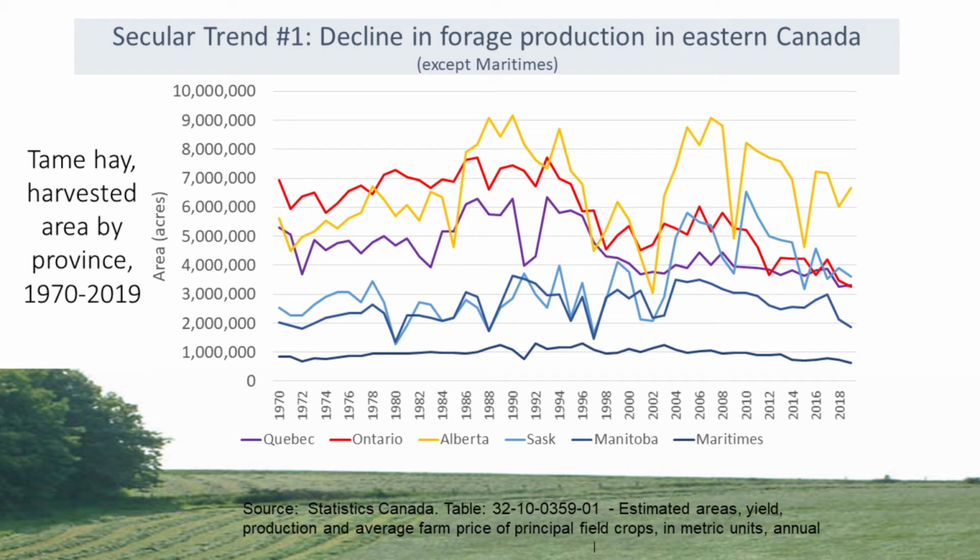Another interesting thing to note is the sudden decline in hay acreage in 2003, and its almost complete rebound the next year. This is especially noticeable in Alberta, that yellow line, where we get a huge drop in 2003 and then a recovery the next year. There's a clear seasonal trend going on here. So what happened in 2003?